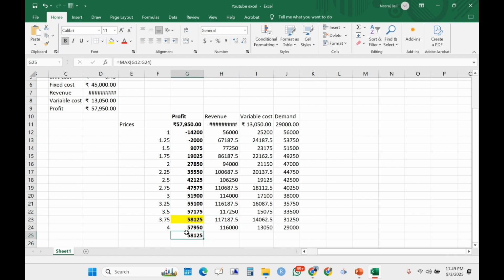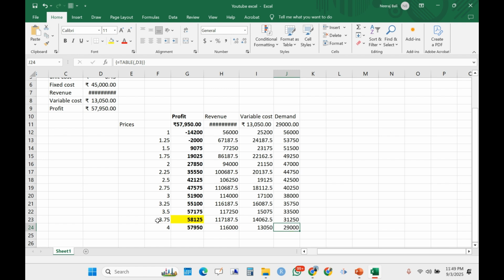I'll delete this to avoid confusion. So what does 58,125 mean? After 3.75, if I increase the price to 4, first of all at 3.75 the demand is 31,250, and then at 4 suddenly the demand reduces to 29,000, which is a dramatic reduction.